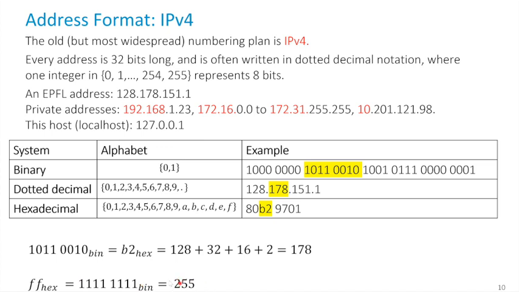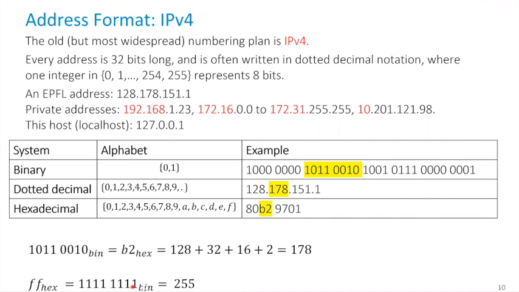So that's 255. In hexadecimal, the mapping hexadecimal to binary is easier in the sense that you do it by entire blocks of 4 bits. A block of 4 bits corresponds to exactly 1 hexadecimal digit, which is not true for decimal. In decimal, where the digits start is completely unrelated to the separation.